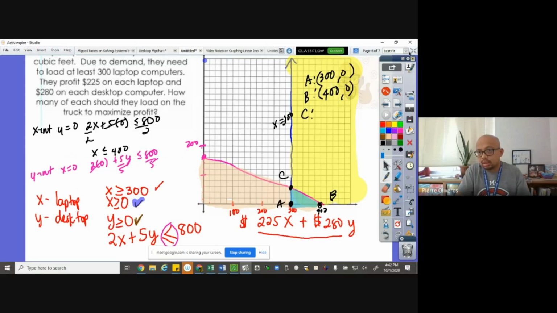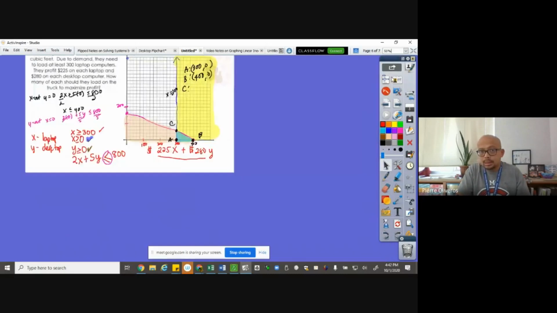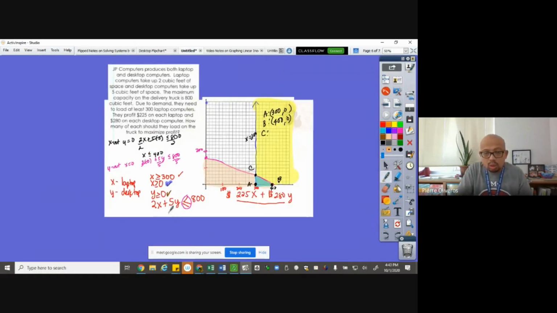So 2x plus 5y less than or equal to 800. I'm going to plug in the 300 right on the x here. So this will give me 2 times 300, 600 plus 5y is equal to 800 for now.